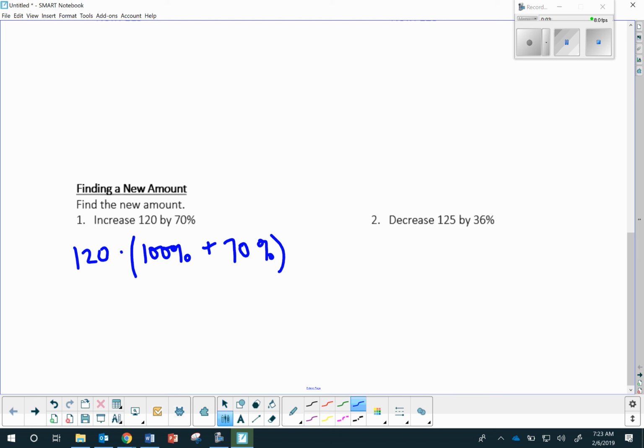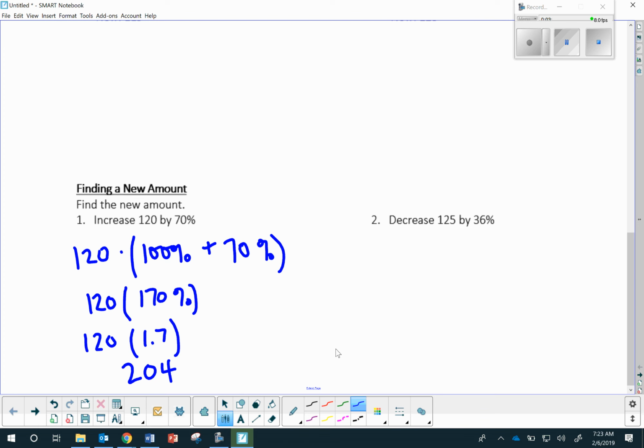So the 100% is always there, and you're going to add the 70% because this is an increase. So we're going to still multiply 120 times 170%. We know 170% equals 1.7. When we do that, your new amount is 204.